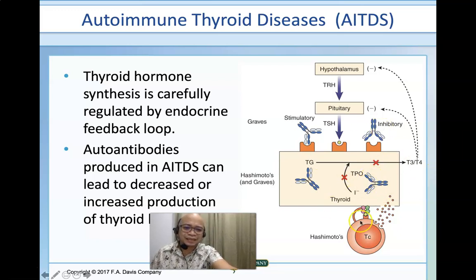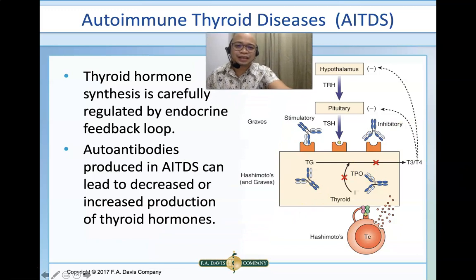Nevertheless, both Hashimoto's and Graves' disease will result in the enlargement of the thyroid gland. That enlargement is commonly known as the goiter. So goiter may reflect both hyperthyroidism or hypothyroidism.